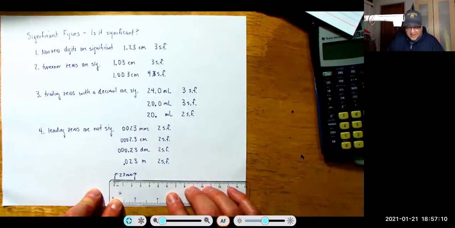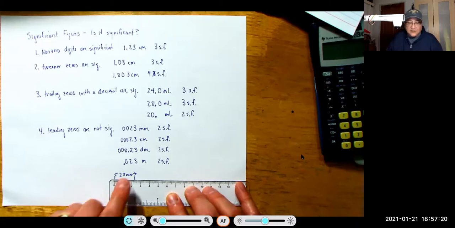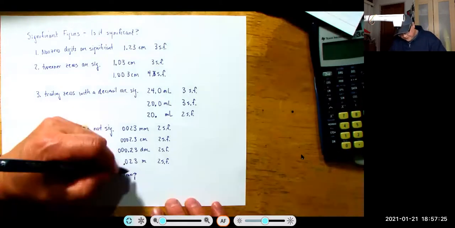And we found in science that it is not appropriate to change the number of significant figures just because you've changed the unit. So leading zeros never count. And let me give you one more here.